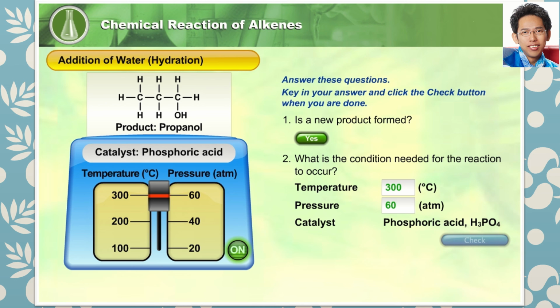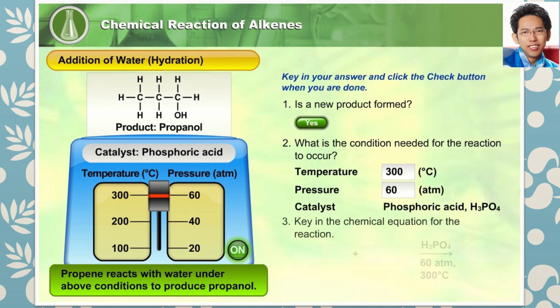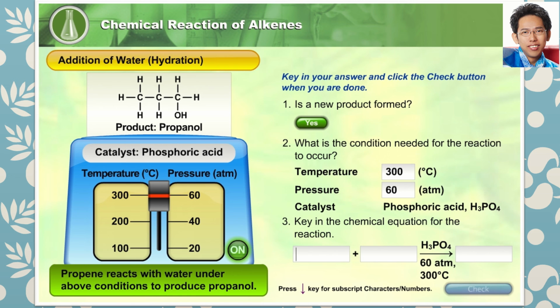Well done! An alkene reacts with steam in the presence of phosphoric acid as a catalyst at 300 degrees Celsius and 60 atmospheres to produce an alcohol. Key in the chemical reaction between pentene and steam.